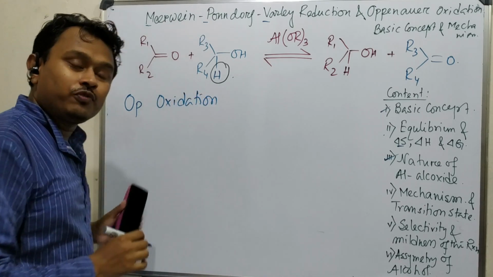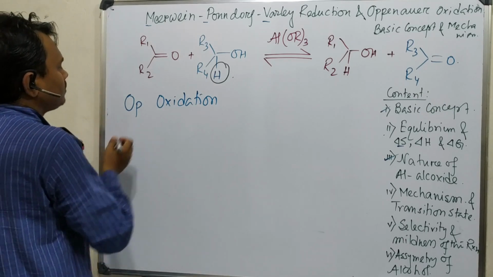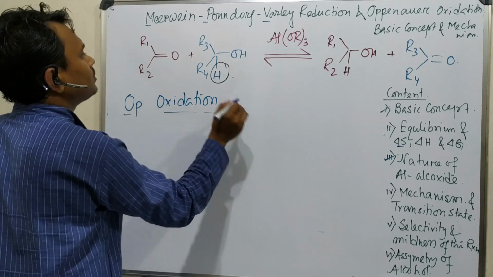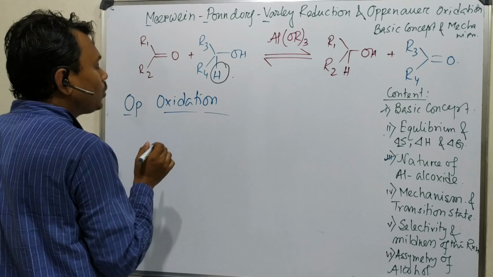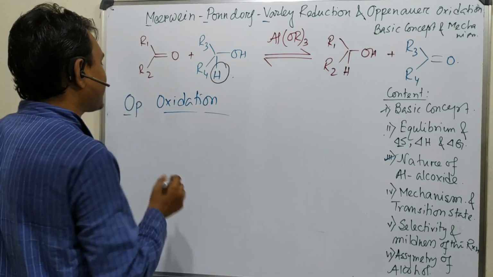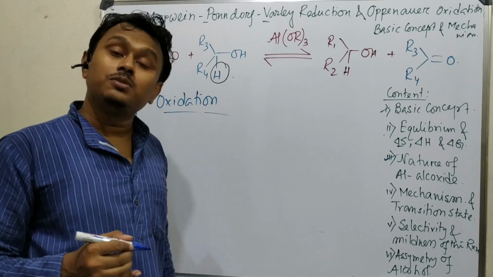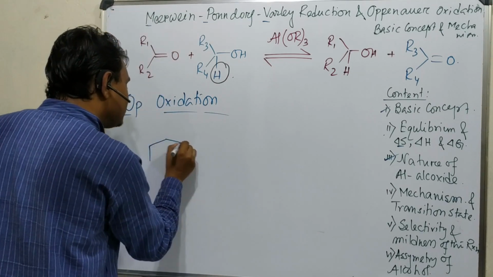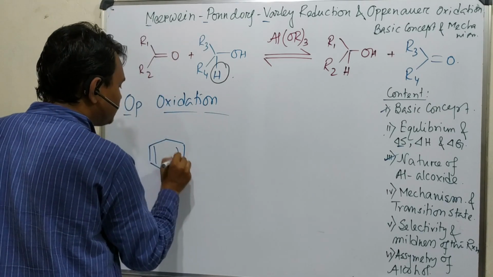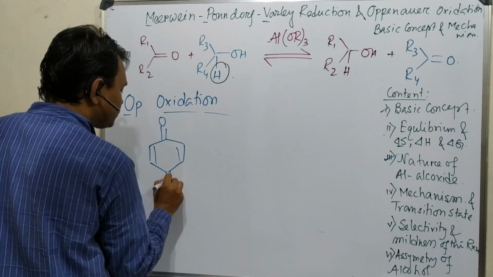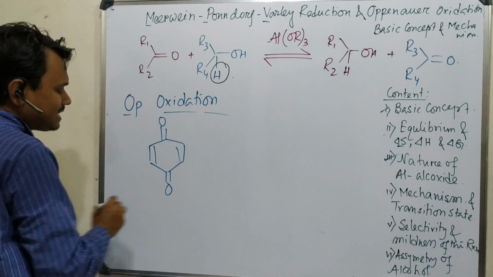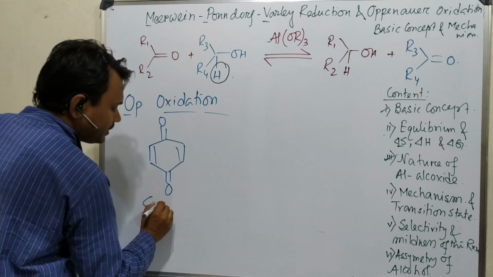There is no convention to write it this way. So we need a sacrificial ketone. In that case, if you want to make the equilibrium go right, for that purpose, we can take para-benzoquinone as a sacrificial ketone.